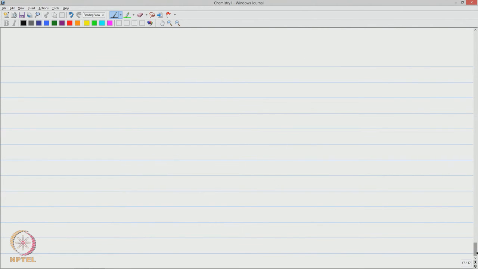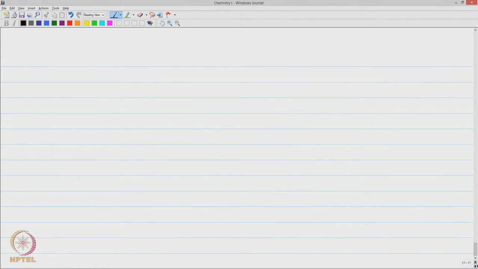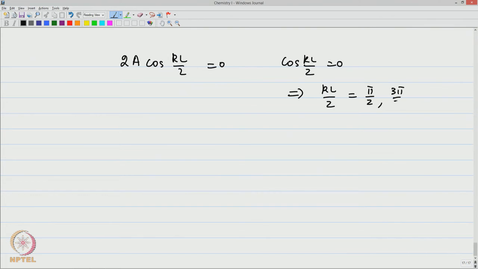you have two equations, a plus b and a minus b, and therefore, if you add you get one equation, if you subtract you get the other equation. So, if you add you get 2 a cos k L by 2 is 0, and if a is not 0, that means cos k L by 2 is 0, which implies k L by 2 is either pi by 2 or 3 pi by 2 or 5 pi by 2 and so on.